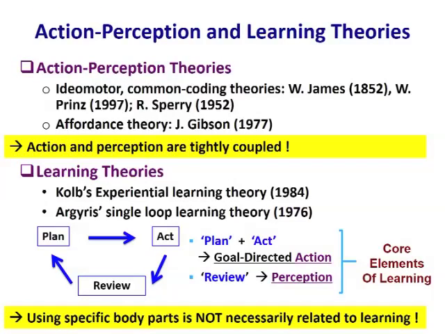The most interesting observation is that none of these theories say that specific body parts are necessarily related to learning. So we don't have to stick to any specific body parts to improve spatial learning.